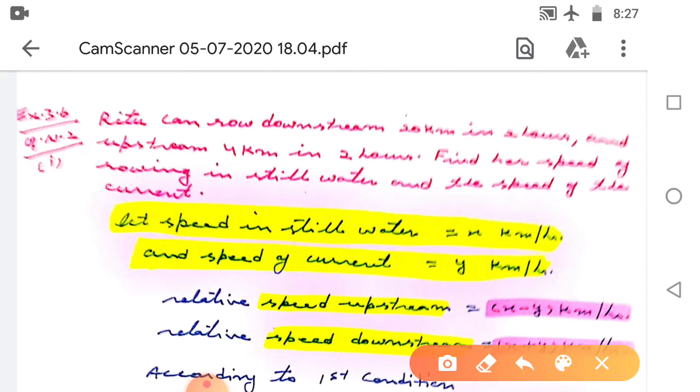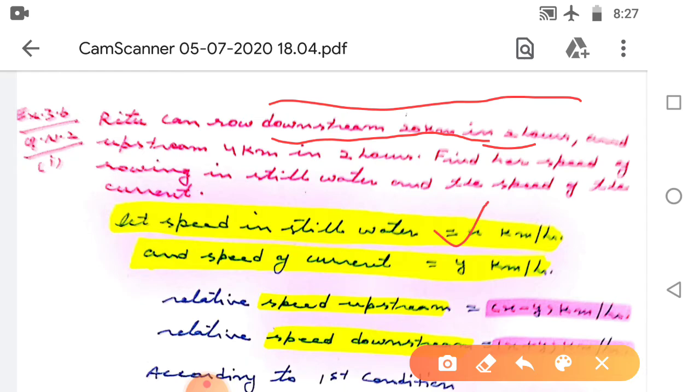Yes, Ritu can row downstream. Downstream means in the direction of the flow of water. So this speed x and the speed of the current we have to add, that is the speed downstream. Now upstream means you are moving against the direction of the water.